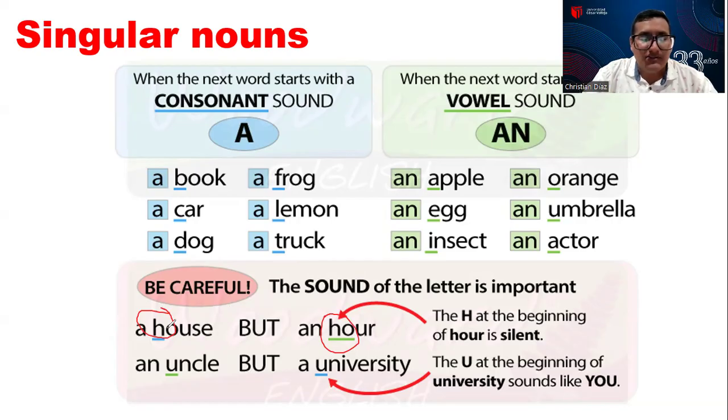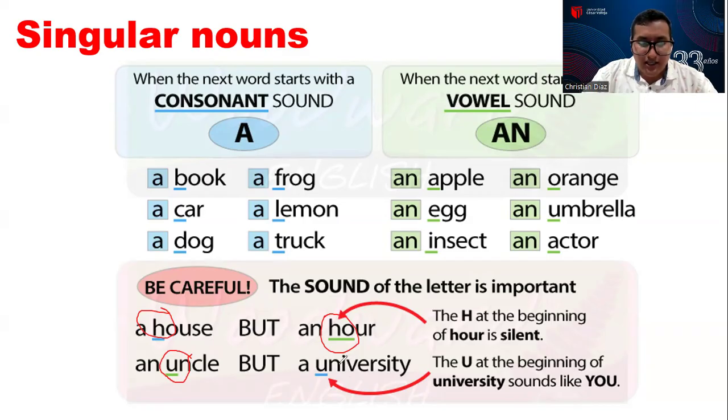It doesn't have a vowel sound, so it's a house. But here we have hour, hour. It has a vowel sound because the H here is a silent consonant, an hour. But here, uncle, it has a vowel sound, an uncle.